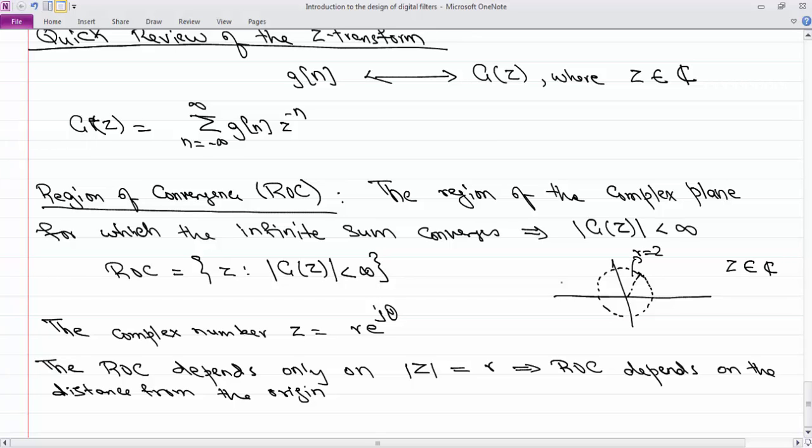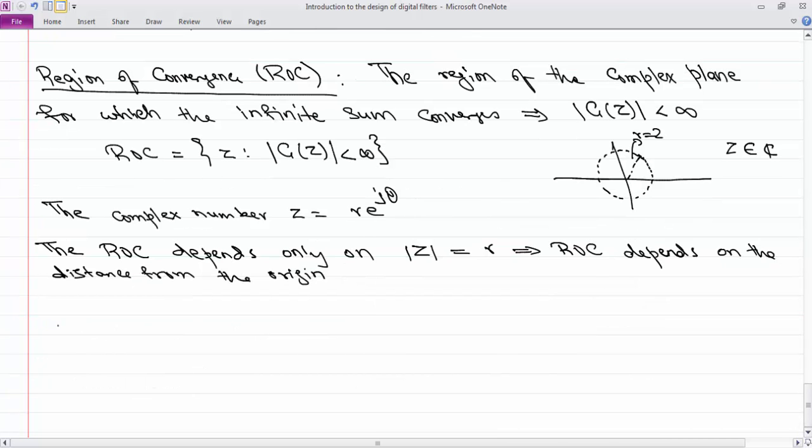So because of that, the region of convergence is always an annulus region. What this means is there are only three types of region of convergence that will make sense.